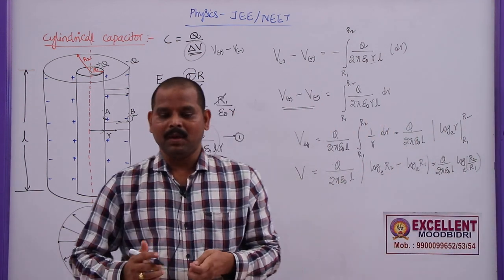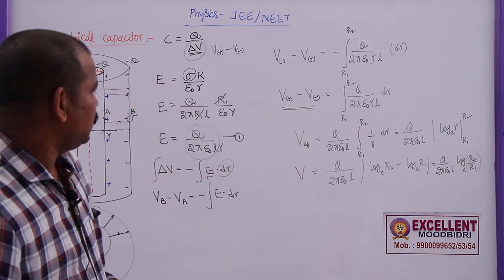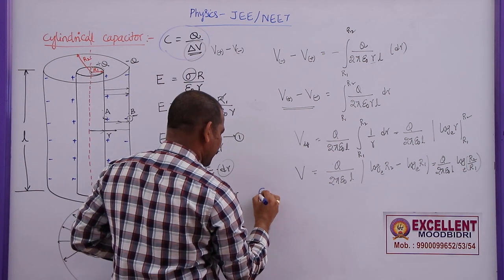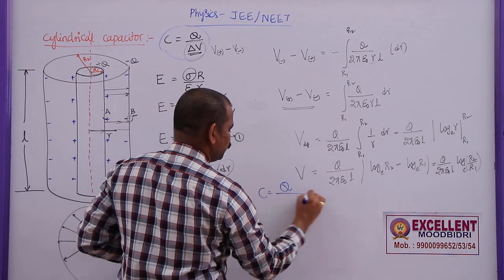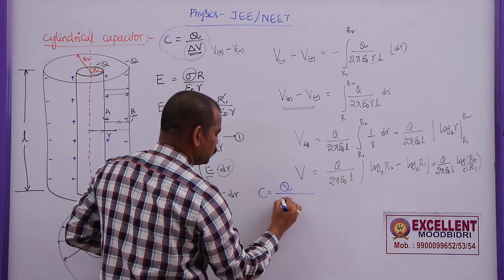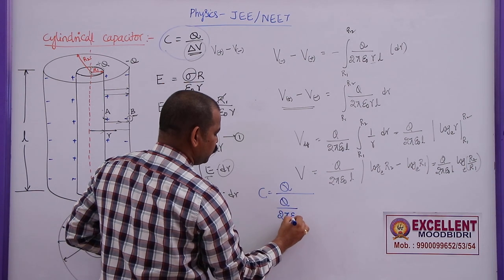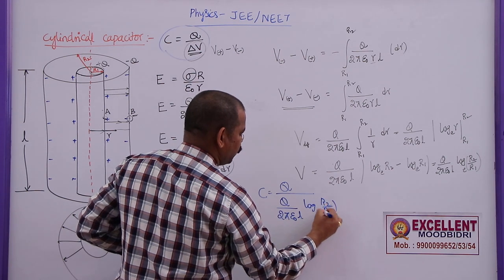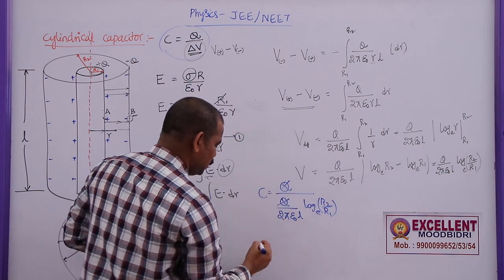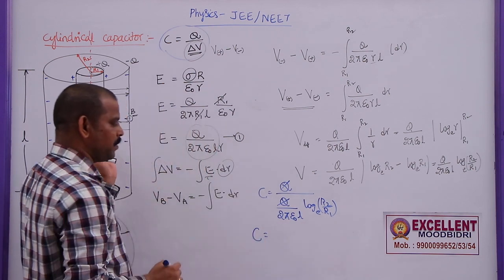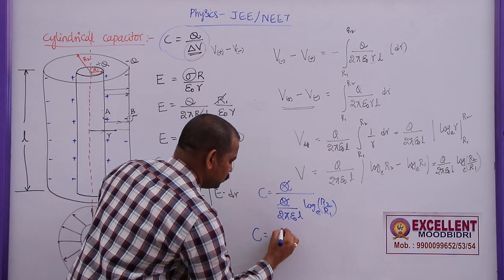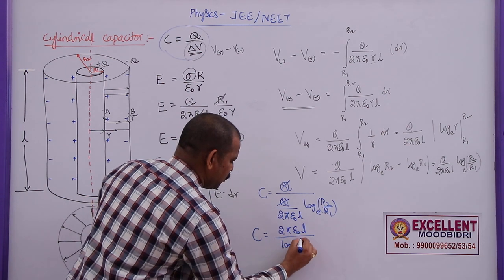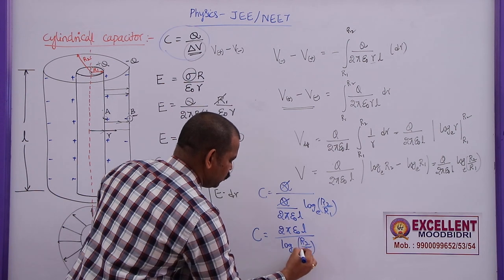Now, to find out the capacitance of this cylindrical capacitor, we have the formula C is equal to Q by potential difference. So, the capacitance is given by charge Q divided by Q by 2 pi epsilon naught L log R2 by R1 to the base e. Here Q gets cancelled. The total capacitance of this cylindrical capacitor is 2 pi epsilon naught L by log R2 by R1 to the base e.